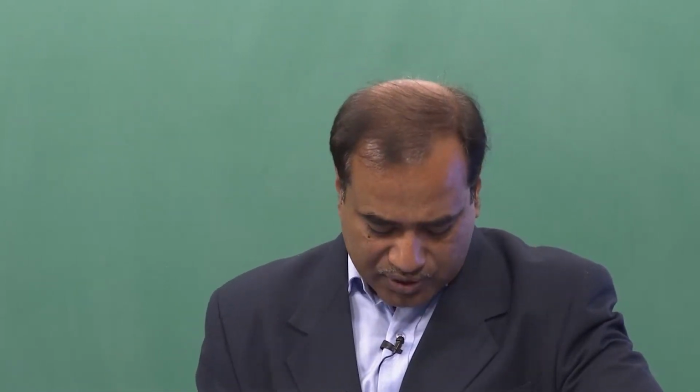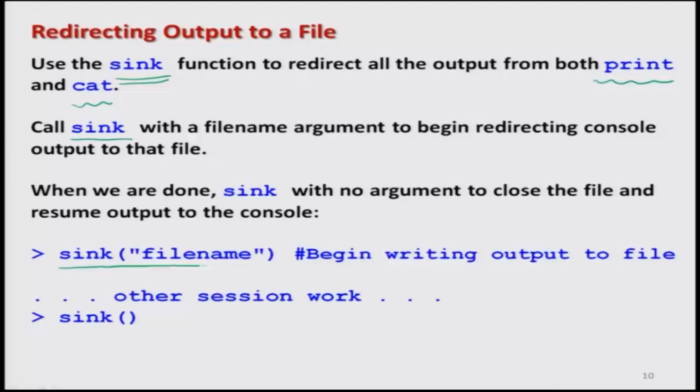In order to do that, we write the command sink, and inside the argument, inside the double quotes, I write down the name of the file in which I want to store the outcome. And after that we execute the program over here.